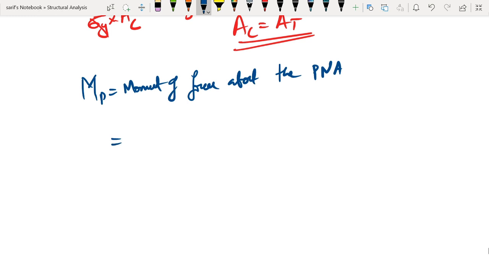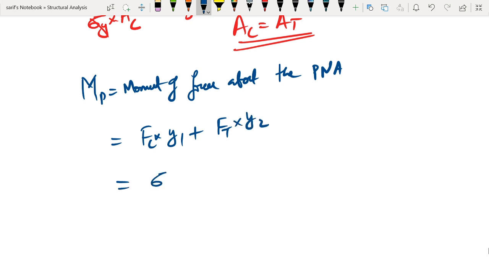That is nothing but the plastic moment capacity. So that will be Fc, the force, multiplied by y1, plus Ft, another force, multiplied by y2.